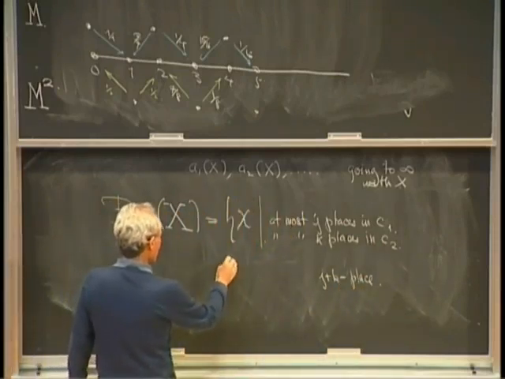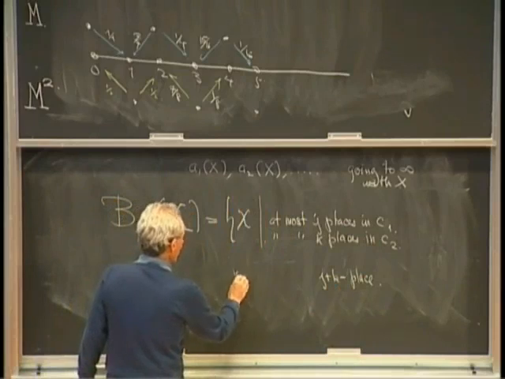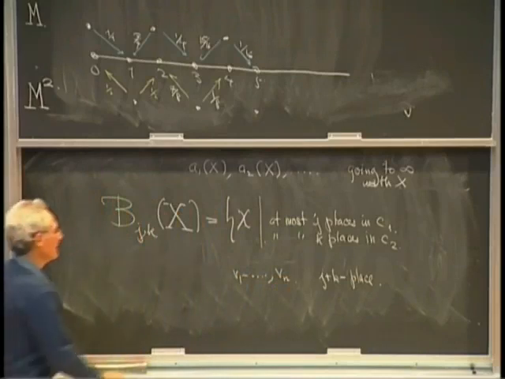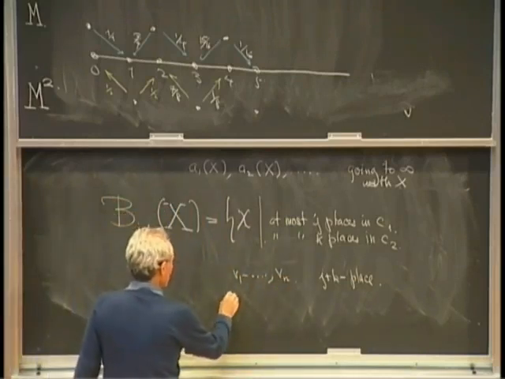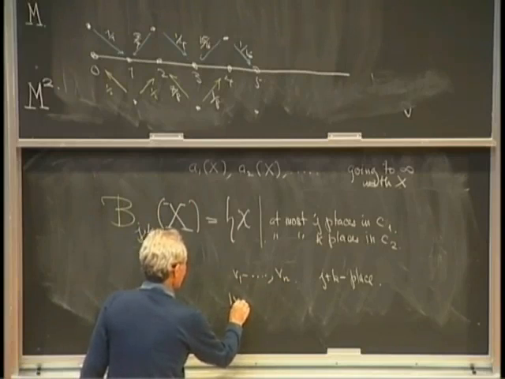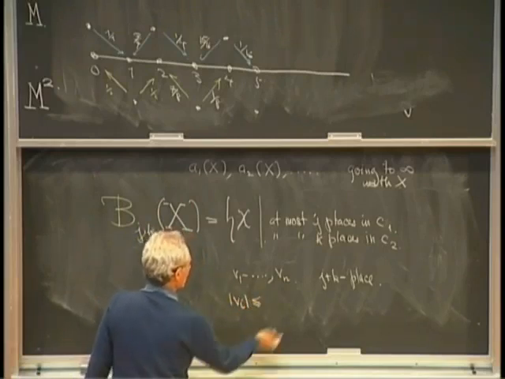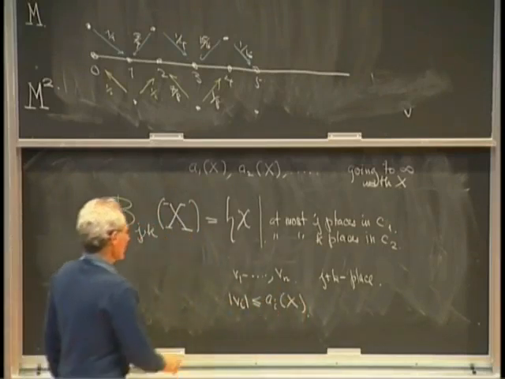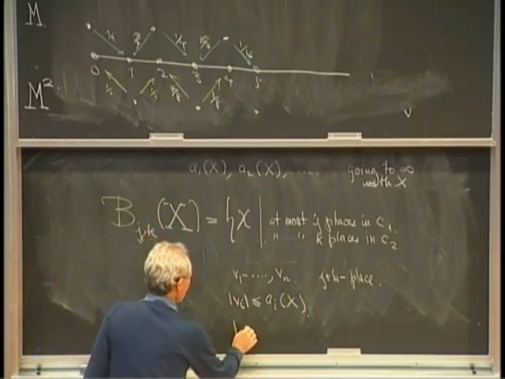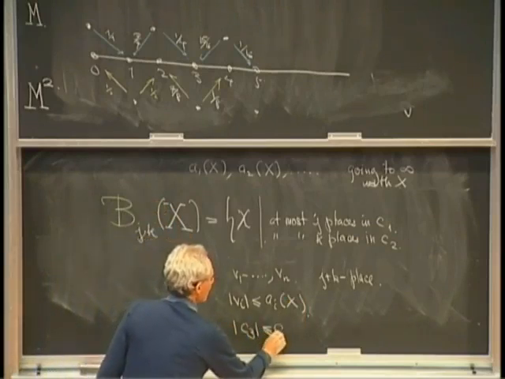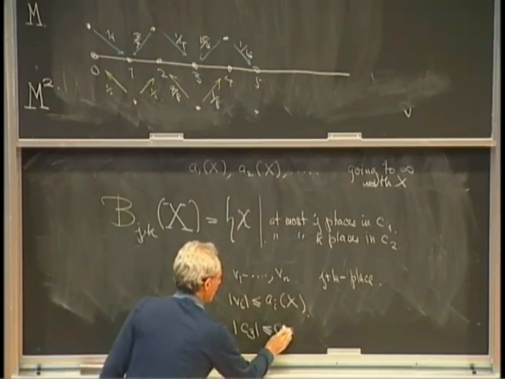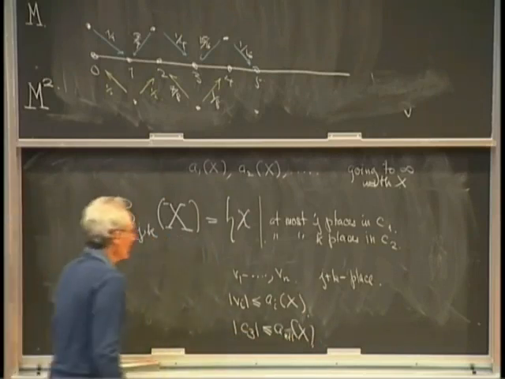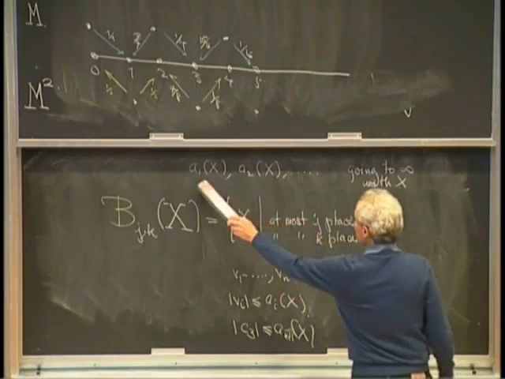I'll call them V1 up to Vn, where n is less than or equal to j plus k. I'll want the norm of the absolute value of each of these Vi's to be less than or equal to Ai(x). And then as far as C3 goes, I'll just want the norm of C3 to be less than or equal to A_{n+1}(x). That's my box.